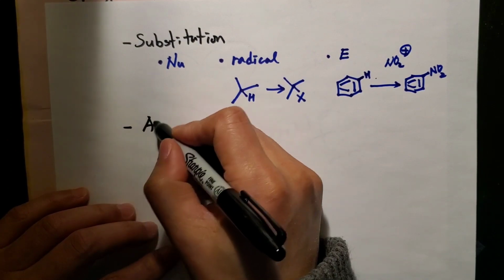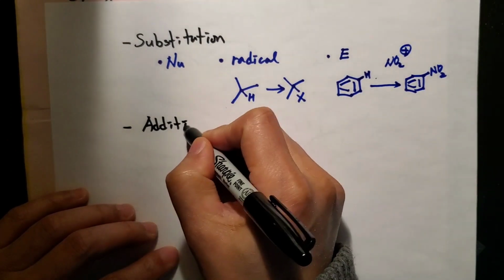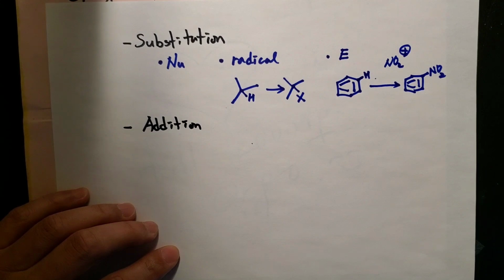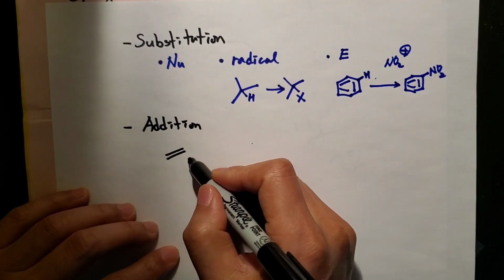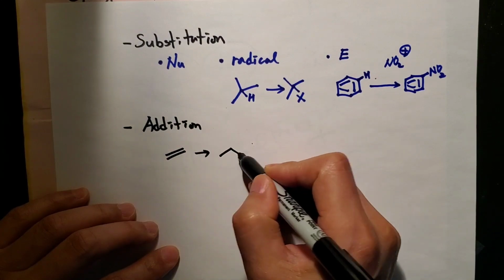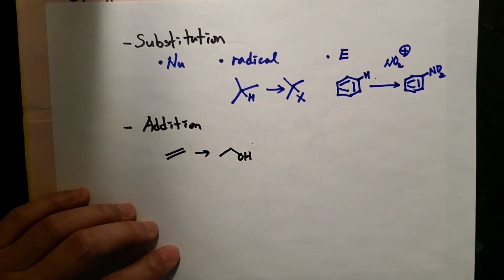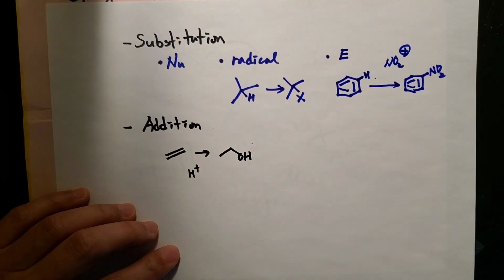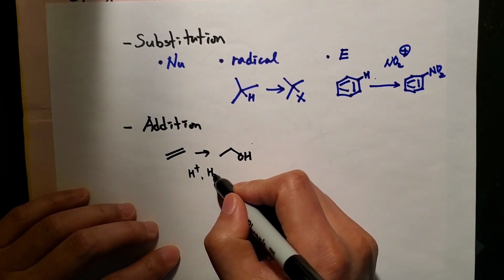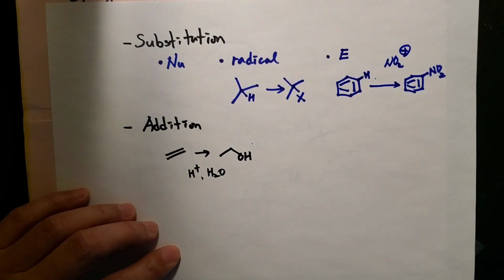Even addition, you've seen a double bond turning into alcohol. This is done by electrophile and weak nucleophile.